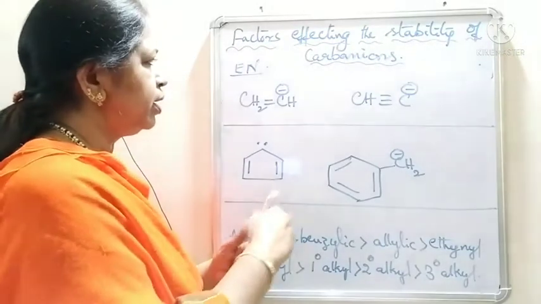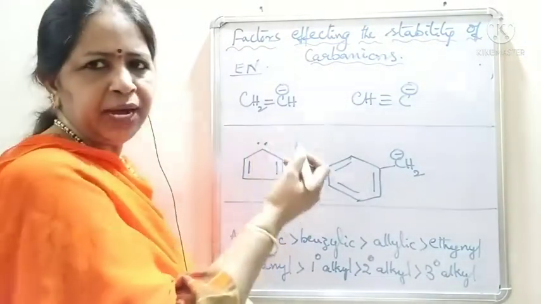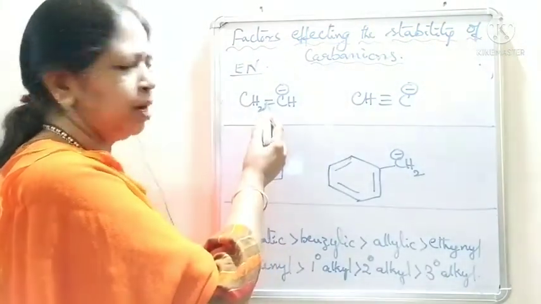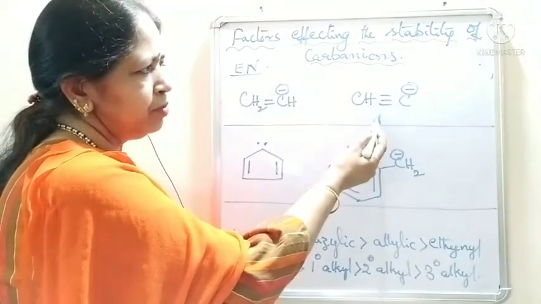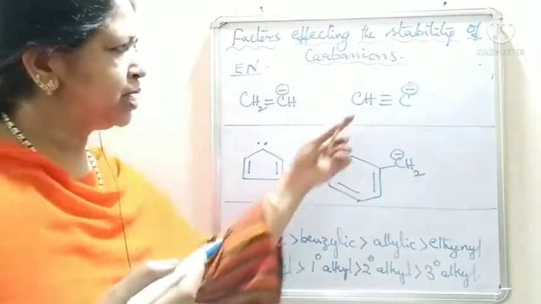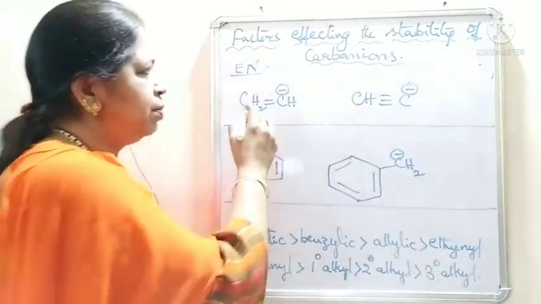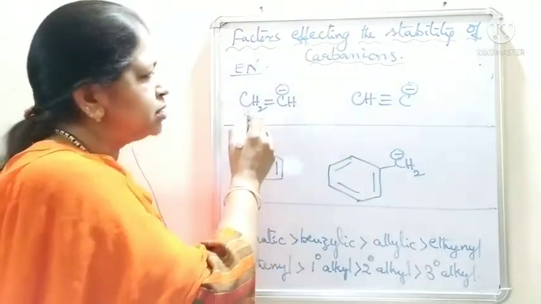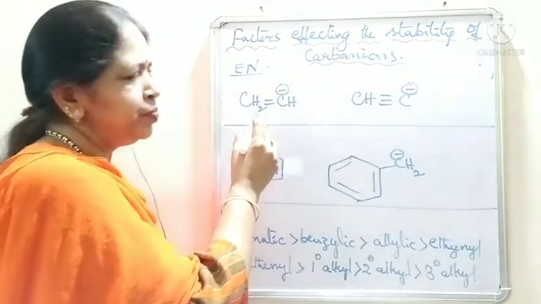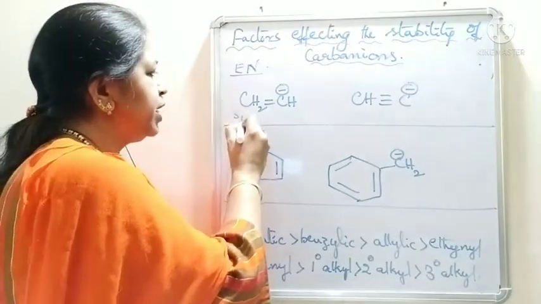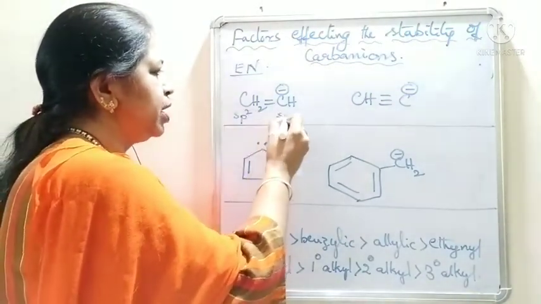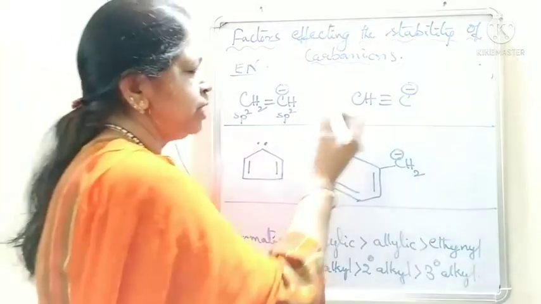Electronegativity, here in this is the vinyl carbanion. It has a double bond, and in the next one it has a triple bond. This is ethynyl, a triple bonded carbanion. In this double bonded structure, both the carbons undergo sp2 hybridization.